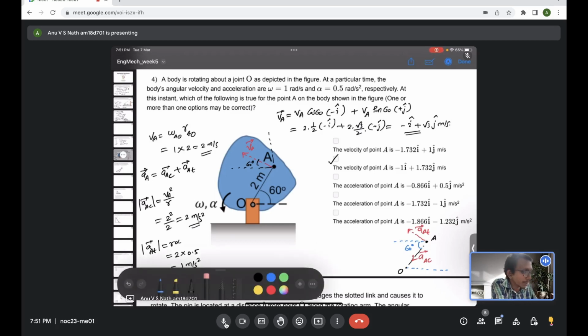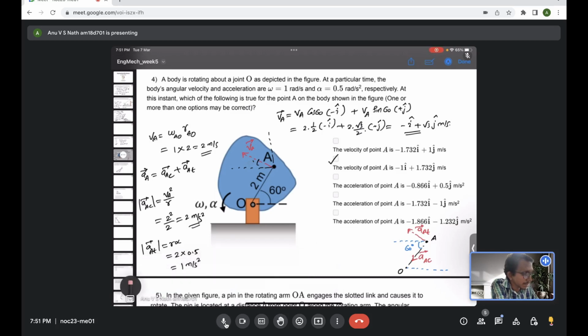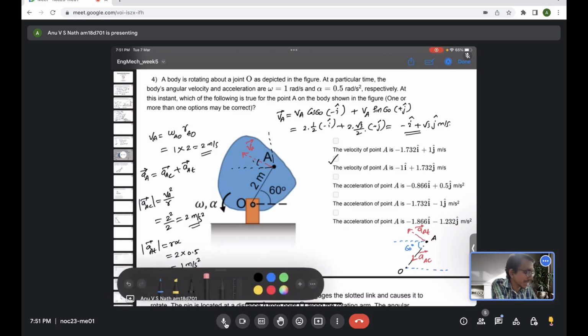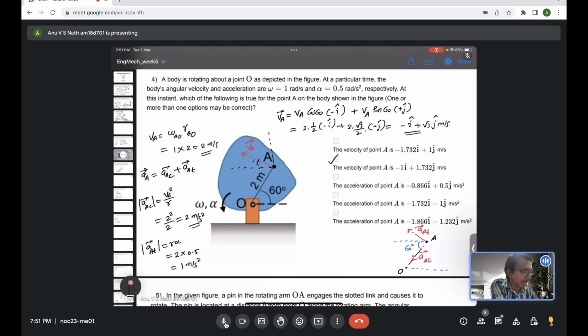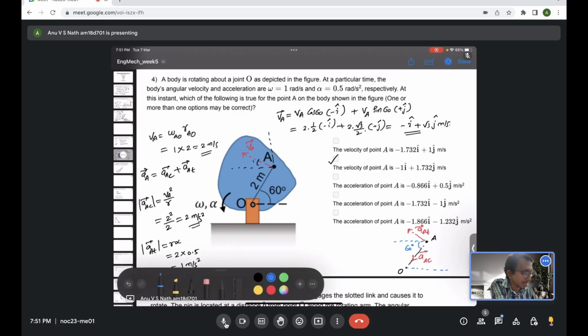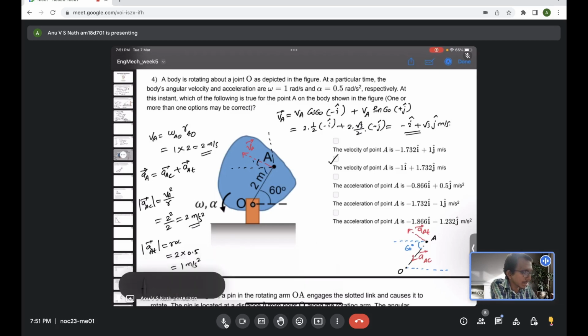Yeah, nobody has pointed it out earlier, so I made a mistake. This is not 60 degree. This angle will be 60 degree and this angle should be 30 degree.